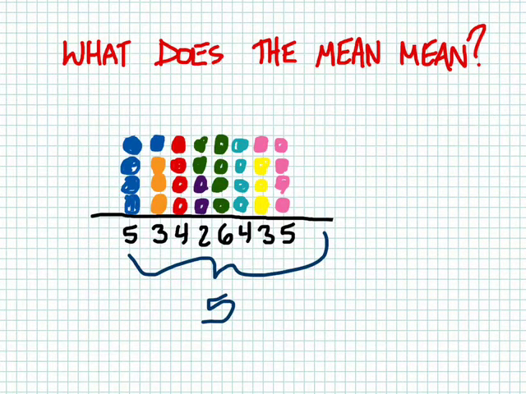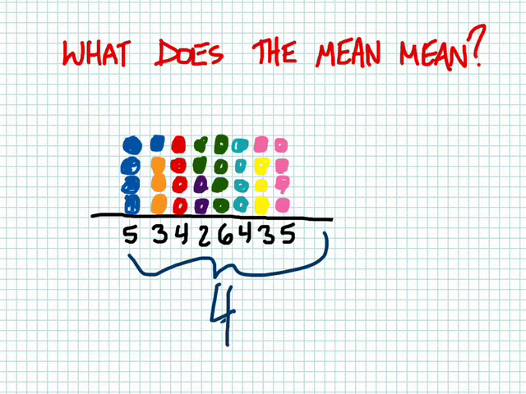So even though each of these columns started out with a different number of dots, I could say that what's normal for this set of data is to have, not 5, sorry I miscounted, but 4 dots. Because if I redistribute the dots, each column would have 4 and they'd all be equal.